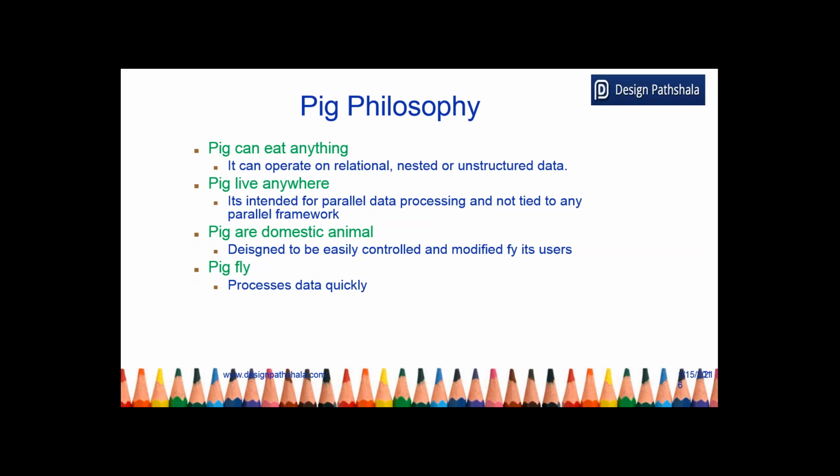So similarly, this Pig is intended to process any kind of data, be it tidy data or untidy data. Pig is a domestic animal and can be tamed. Similarly, Pig as a language can be pretty easily tamed and controlled by the users. And 'pigs fly' is a saying which says you can do anything. Similarly, this Pig as a language can process your data very quickly. So this is the philosophy behind calling it Pig.